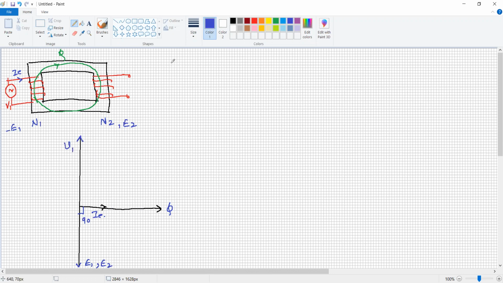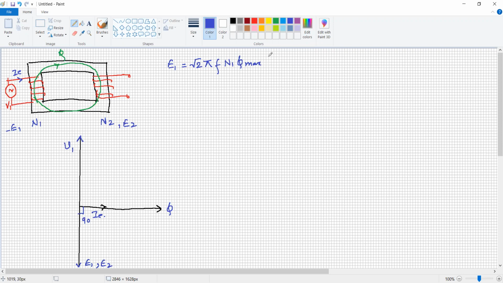So our EMF induced in the primary winding E1 is equal to root 2 pi f N1 phi maximum.